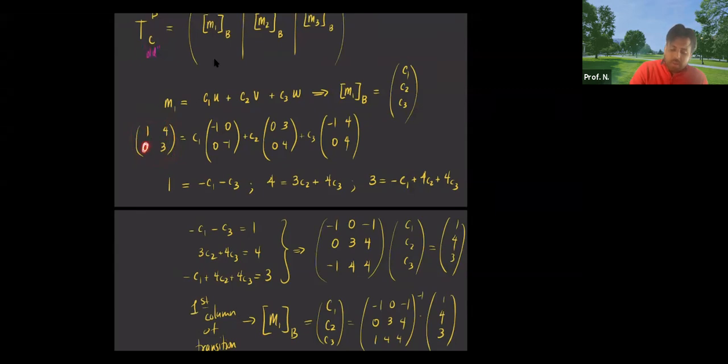We already know the 0 is just going to be 0, so we don't really worry about this. But how do we write this? Do we write the vector as 1, 4, 3? Or do we write the vector as 1, 3, 4? So that's the issue that arises. How do you know which way to order it? And I think the more natural way would be 1, 4, 3, because it's just the first column.